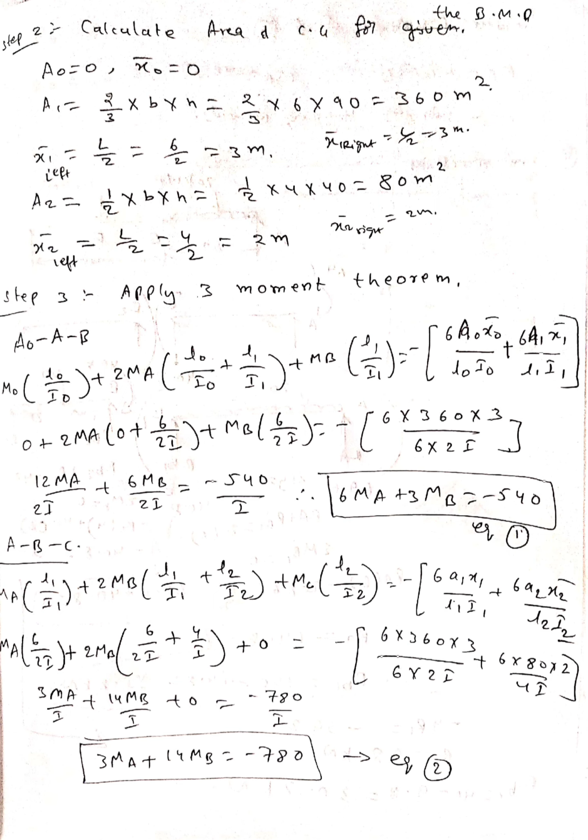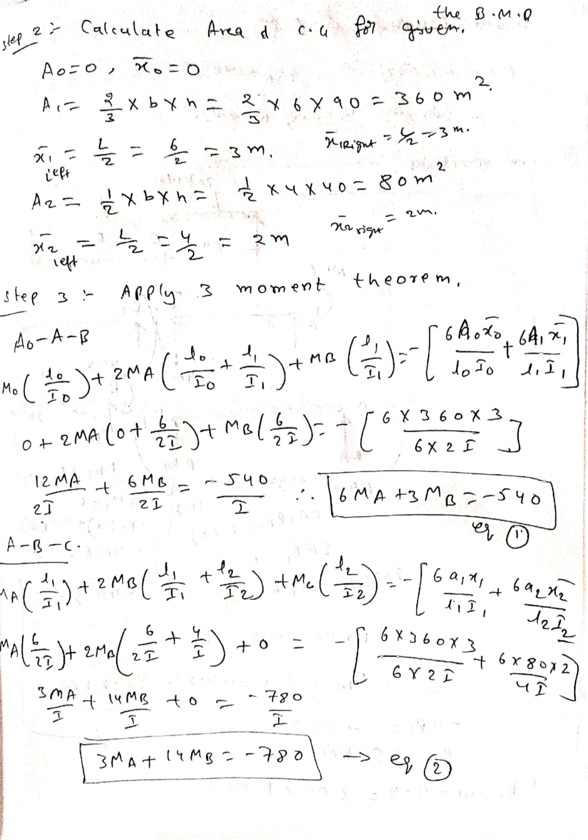Now coming to step 3, apply the three-moment theorem. Two times we need to apply it, as I said, for A0AB and ABC. First we will apply it for A0AB. According to the formula: M0 into L0 by I0 plus 2MA times (L0 by I0 plus L1 by I1) plus MB into L1 by I1 equal to minus 6 A0 x0 bar left by L0 I0 plus 6 A1 x1 bar right divided by L1 I1.